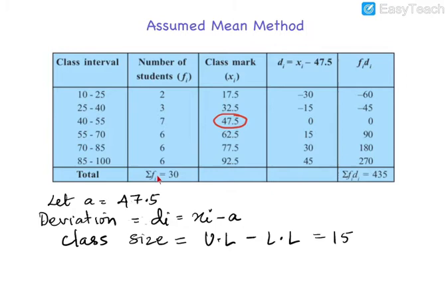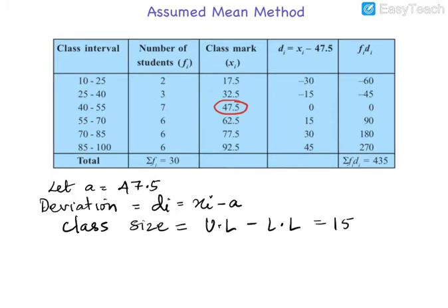And then we also have to find summation fi. So now if we find summation fi di divided by summation fi, we get the mean of deviations, which were obtained by subtracting a from each observation or xi values.